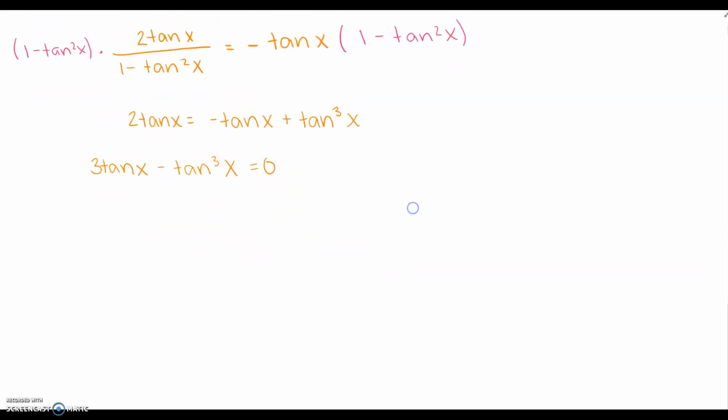And now I've got 2 terms and they both have a tangent in common, so I'm going to factor out the greatest common factor, which is tangent. So when I factor out tangent of x, I'm left with 3 minus tangent squared. Remember, factoring out a greatest common factor is the same as just dividing each term.